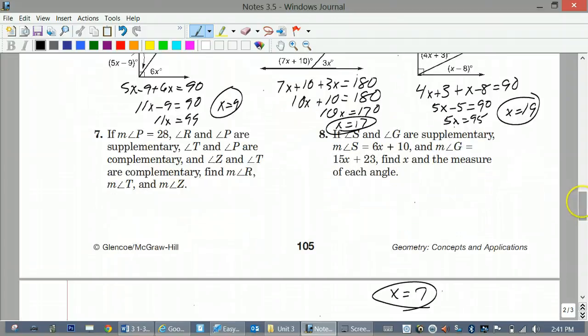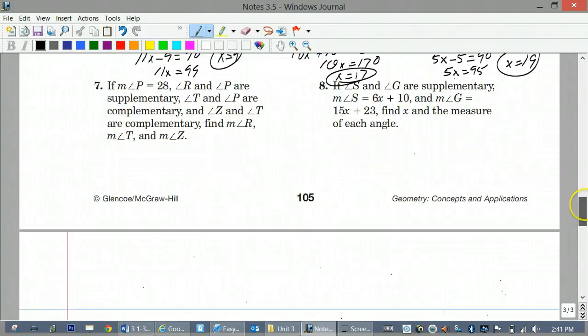By the way, remember when I talked about doing it the way I do it? Here's the reality. Number 7, I can't just read that and understand exactly what to do without writing specific things down as I read it. It would be impressive if you could answer what all three of those angle measures are without writing any work down. That's faster than me.